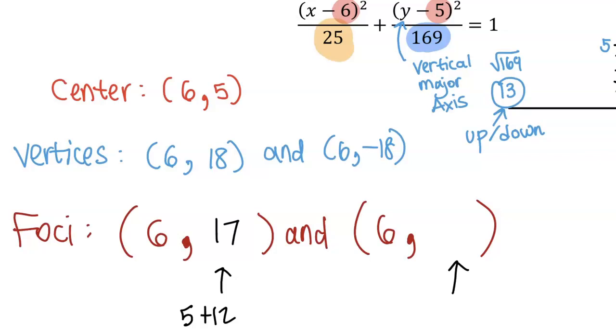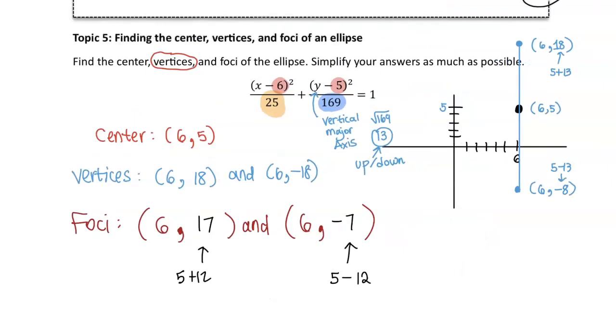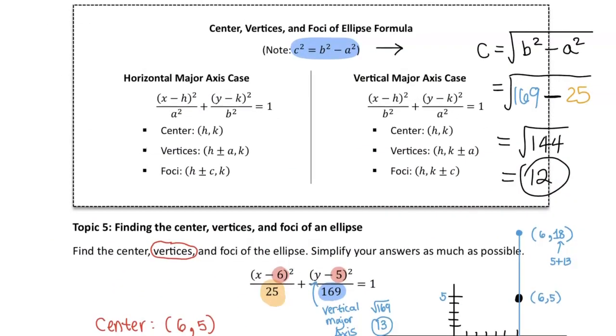And the y-coordinate of the other focus, we can find by doing 5 minus 12, which will be negative 7. So the center and vertices, I definitely just do by graphing it. But for the foci, this is the first example where we reviewed how to find the c value in an ellipse. All the formulas that you will need are on this note. So when you're doing the ALEKS homework, make sure to look over these formulas and try it, okay?